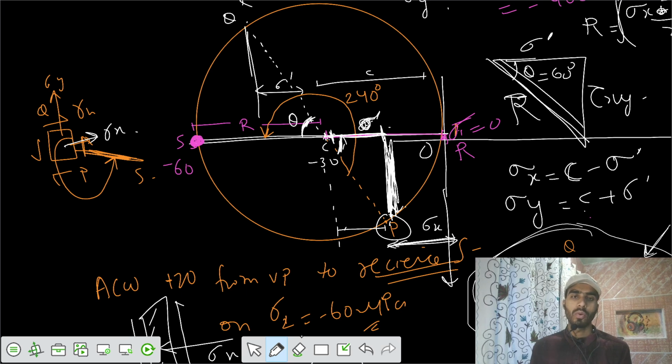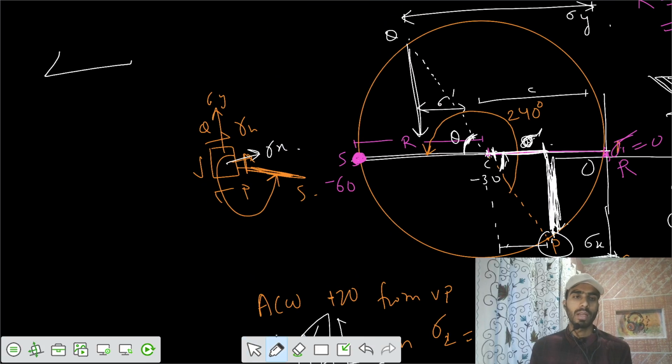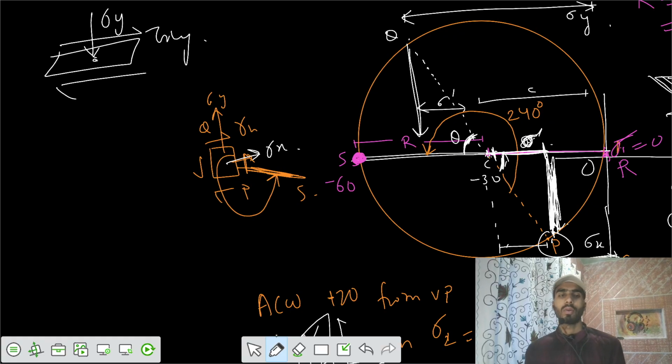And for the plane Q, the stress sigma y is compressive, negative, and there is some positive shear stress. That means the direction would be tau xy, clockwise rotation of that plane Q.